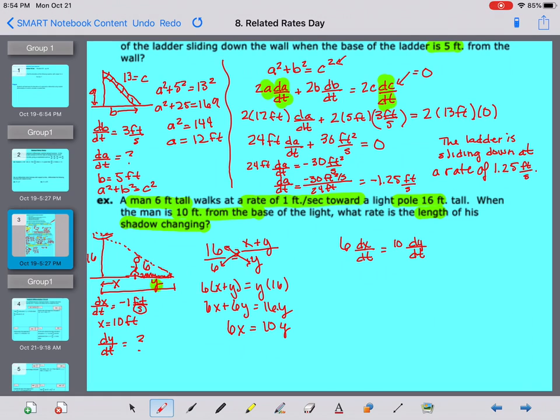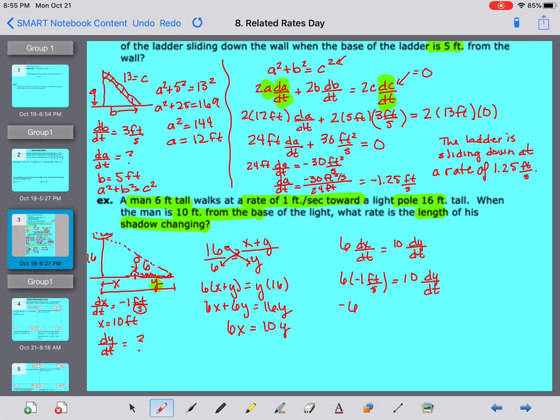Okay, and now it's just a matter of plugging in. So 6 times our dx/dt gives us -1, and I'm going to even use my units really quickly, equals 10 times dy/dt, which is what we're trying to solve for.